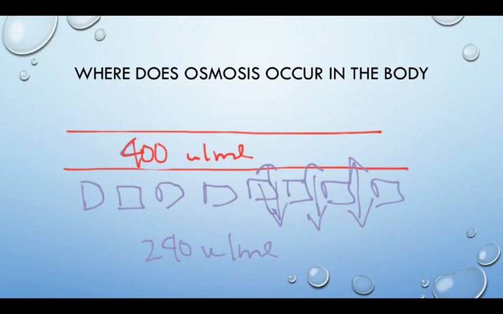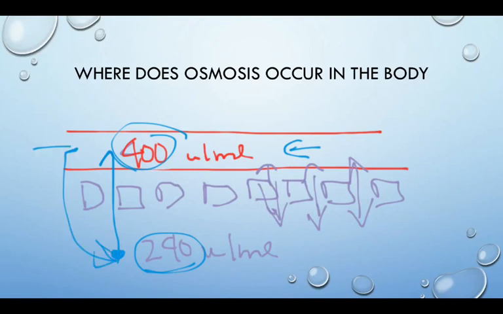You're going to move fluid from an area of low concentration, low osmolarity, because this is lower than this, into the bloodstream in order to make these similar concentrations. They want this to be equal to this. Okay? That's one place where osmolarity occurs.